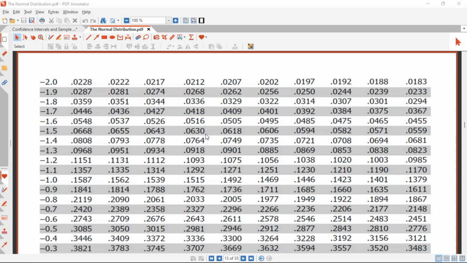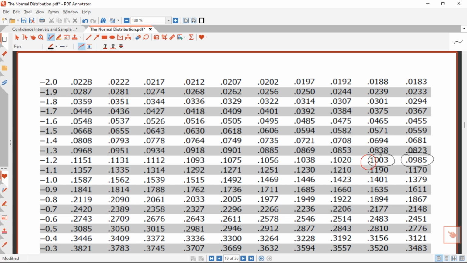So it means that our probability is just lying between 0.1003 and 0.0985, right?